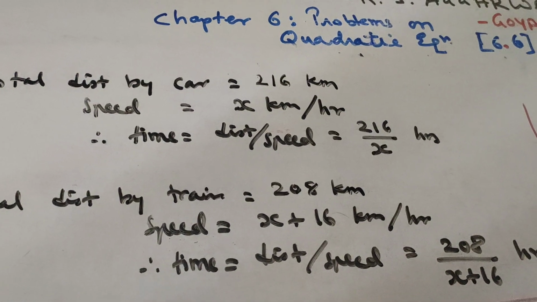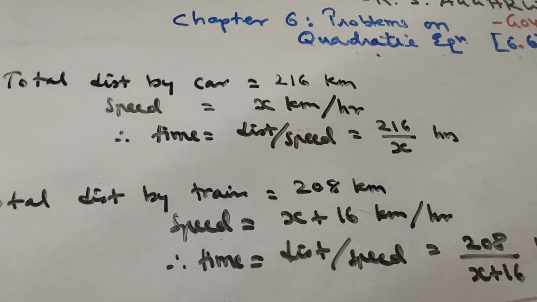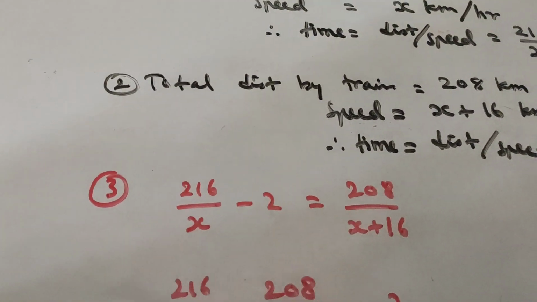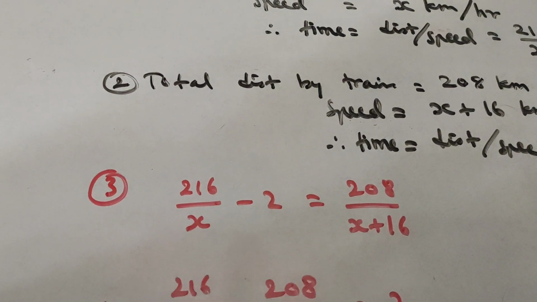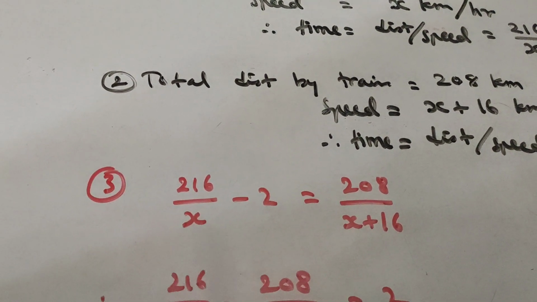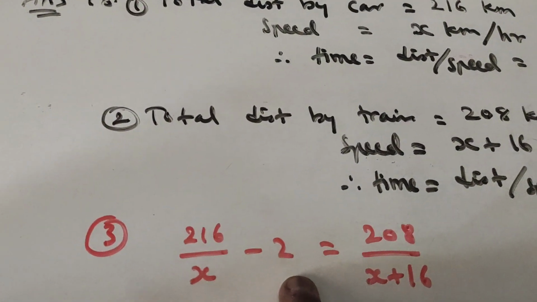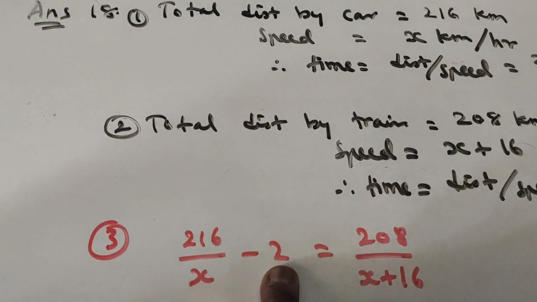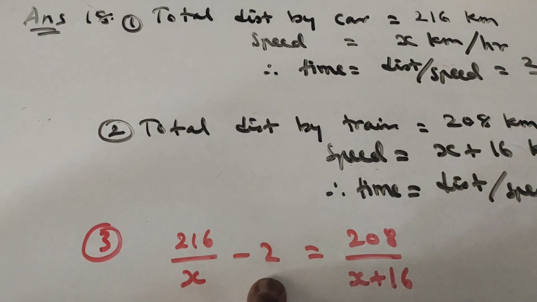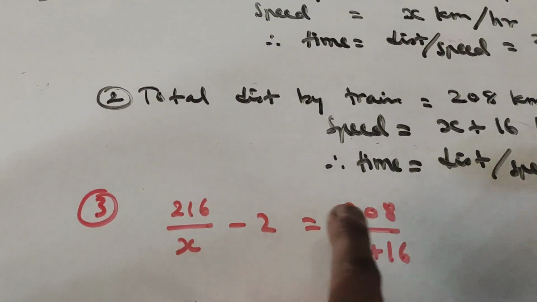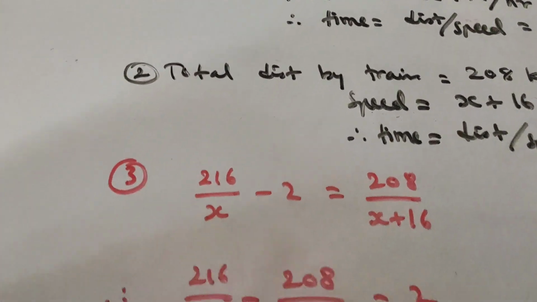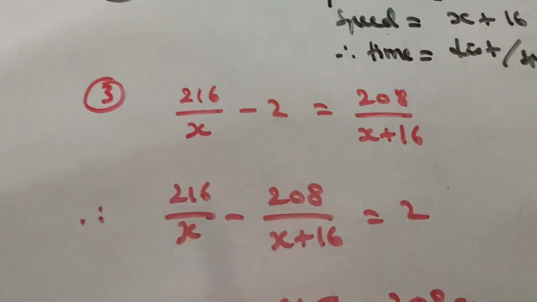How much time is it taking? 216 upon x hours. So subtracting 2 hours from the car's time, that will be the time taken by the train. So 216 upon x minus 2 hours. So you are subtracting 2 hours from the car, that means the train is reaching faster. So 208 upon x plus 16, that is the time taken by the train.